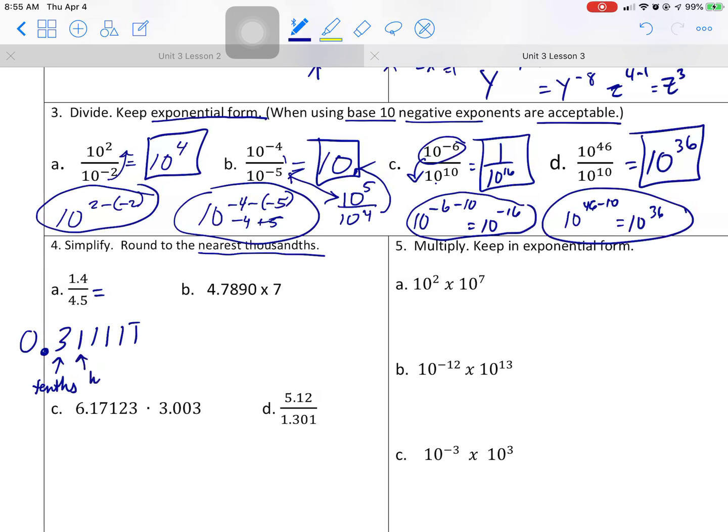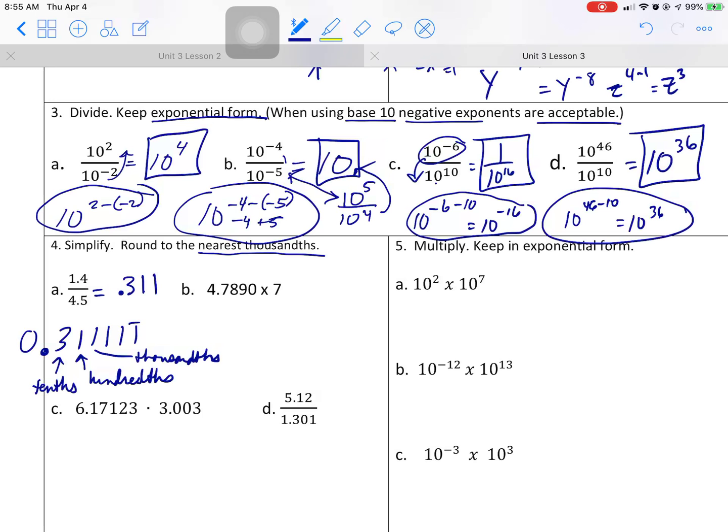This is the 100th place. That right there is the 1000th place. Okay, so 0.311. You can have the 0 in front or not have the 0 in front. It's up to you. Just make sure that your dot's really big and kind of exaggerated if you don't have a 0, so I can see it.